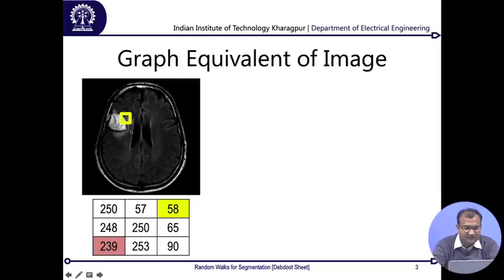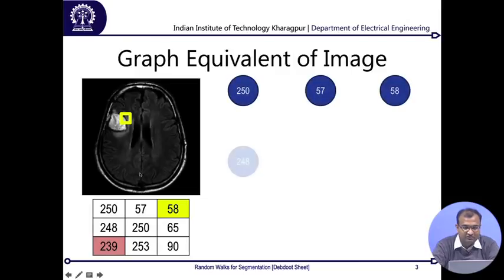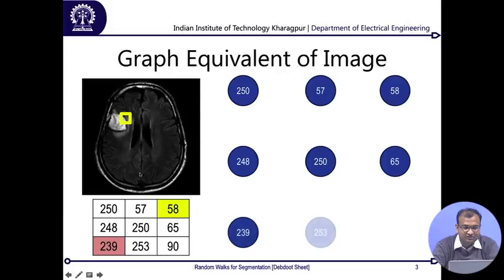Now, this 3×3 submatrix of that image can be represented as an equivalent graph by plotting each of these pixel values into one node of the graph. Initially you will have one small blob, or what is also called a node, and each node has the intensity of the corresponding pixel. The coordinate location of each node is also the same as the coordinate location of the pixel.